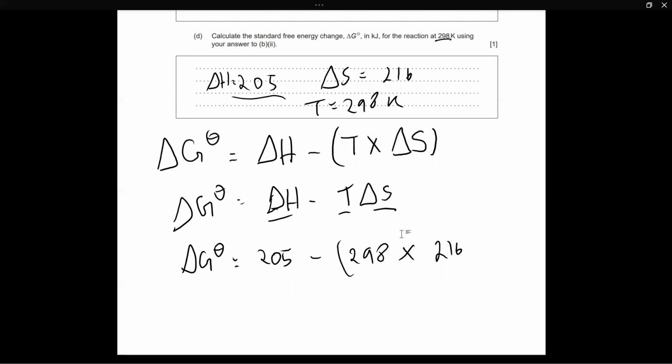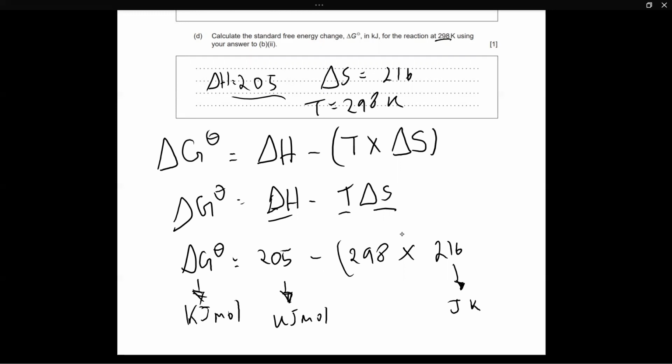You have to make one small change. Gibbs free energy, or change in Gibbs free energy, is actually calculated in kilojoules per mole. We have calculated enthalpy change in kilojoules per mole, but this entropy is actually in joules.